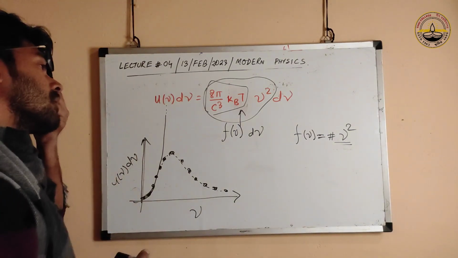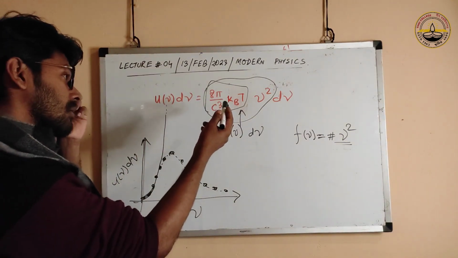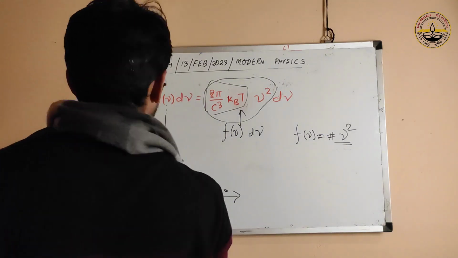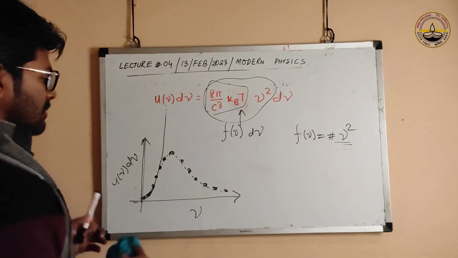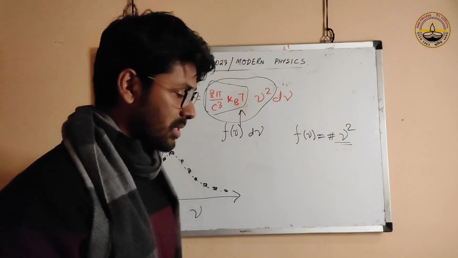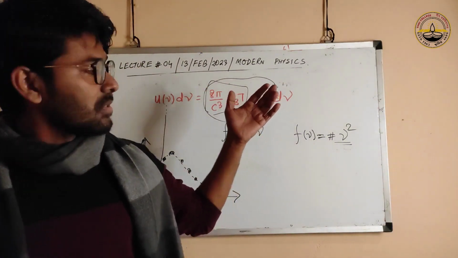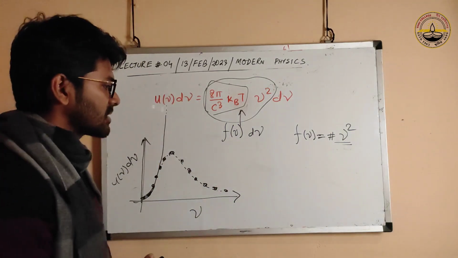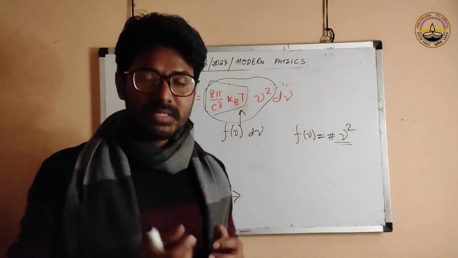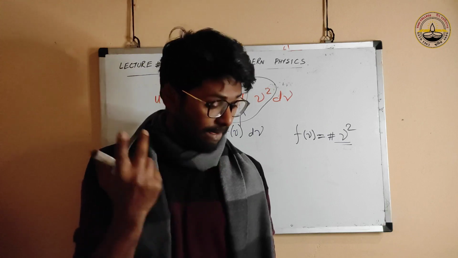This is where classical physics fails. It cannot explain. And another strange prediction of this classical physics theory is this. For example, consider a piece of iron.